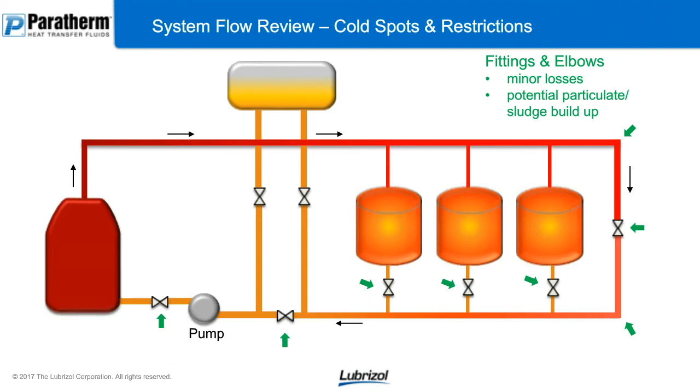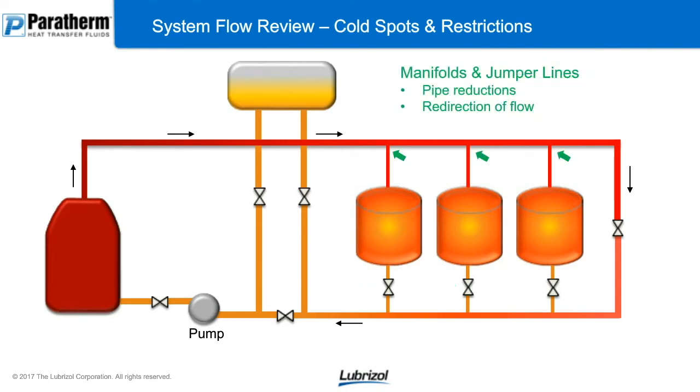Even more importantly, these are areas where you have potential particulate or sludge buildup. When you have sludge creation or carbon particles, they can build up in any fittings or areas where flow dynamics are changed. Manifolds and jumper lines: whenever you jump from your main system pipeline out into the processes being heated, sometimes you'll have a reduction in pipe size.